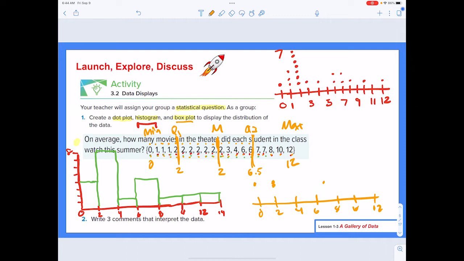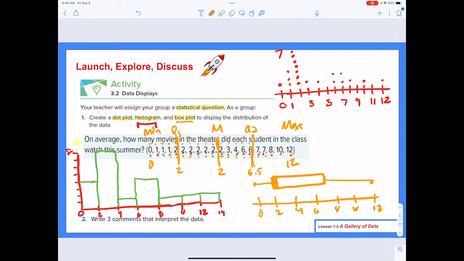And we have Q3 at 6.5, somewhere around there, maybe a little bit less, and another one here. So our box plot's going to be a little weird. Okay, so our square ends up being here, and our line ends up being right there as well, with that being there and there. Hard to do it when your median's the same spot as the quartile 1. So 2 and 2 makes it a little bit tricky there, but it just happens to be a lot of 2s. Okay, so there is our shape.